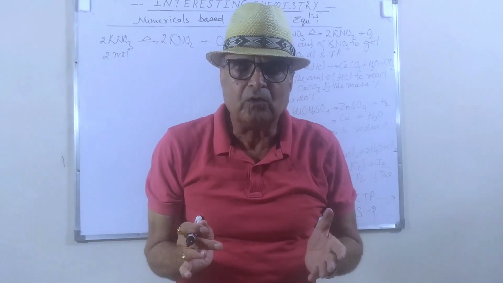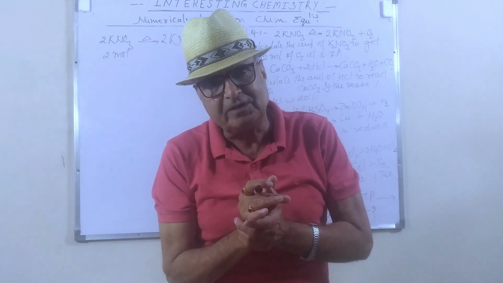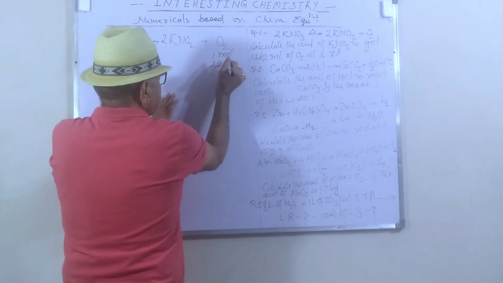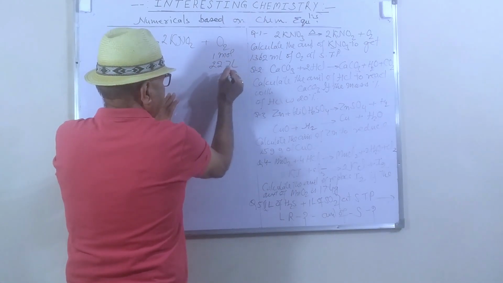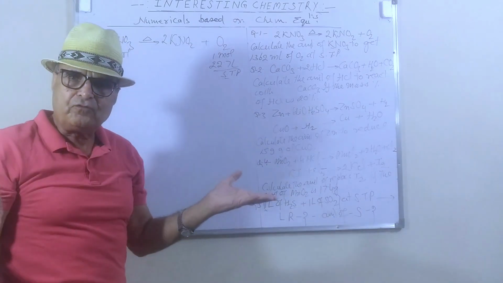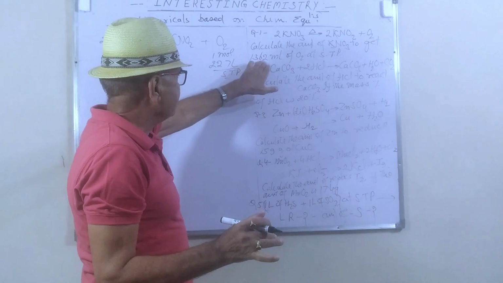And you know the volume of 1 mole of oxygen at STP is 22.7 liter. It's a well-known fact. So now you require 1362 milliliter.